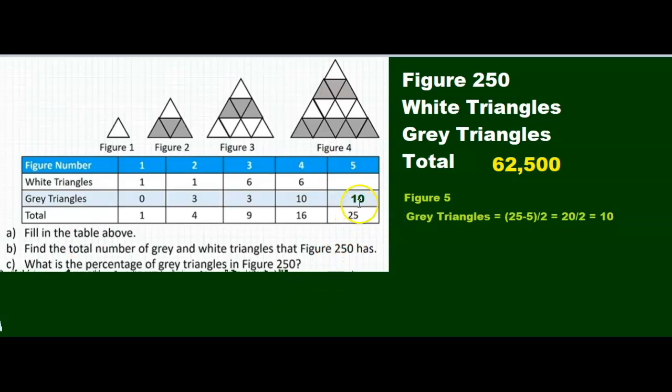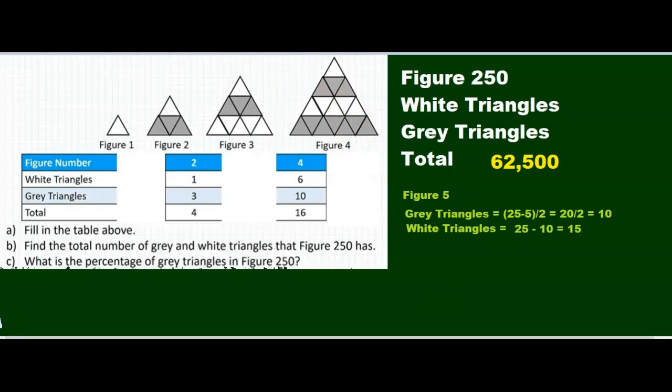Now we also know that the sum of white triangles and gray triangles equals 25. So your white triangles equal 25 minus 10, which gives us 15. Therefore, we can fill it in as 15.